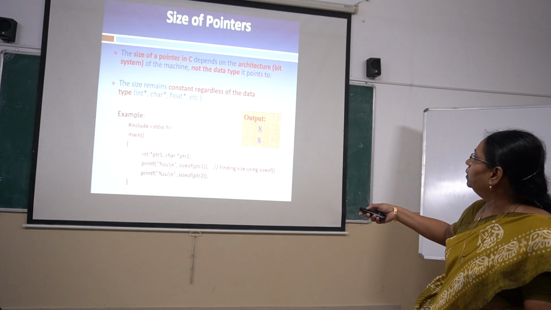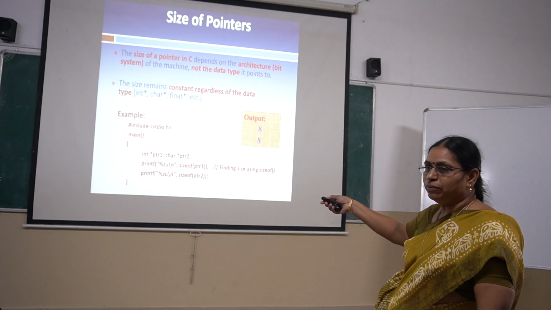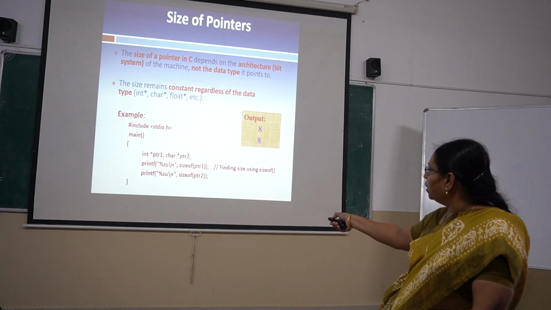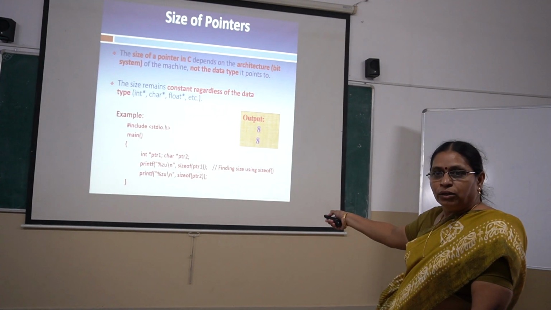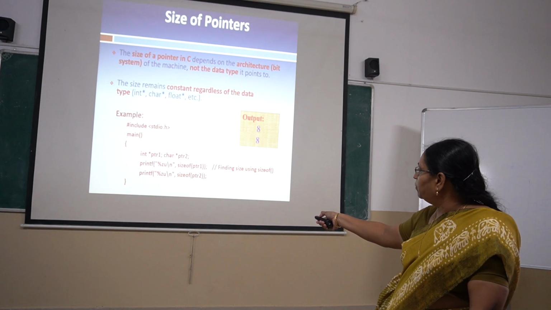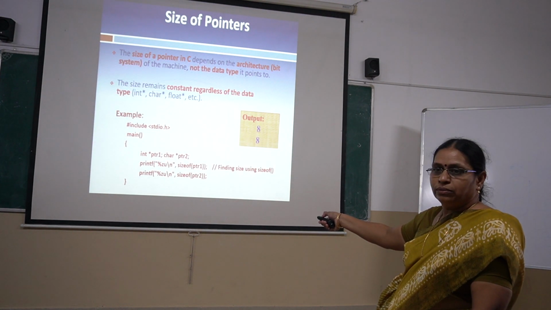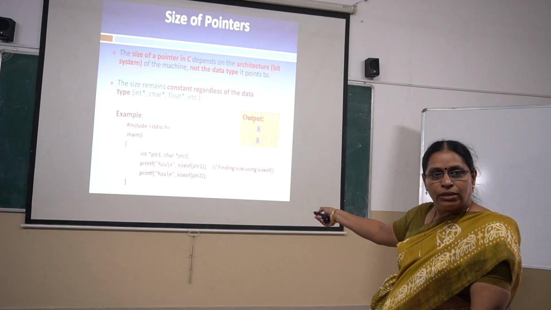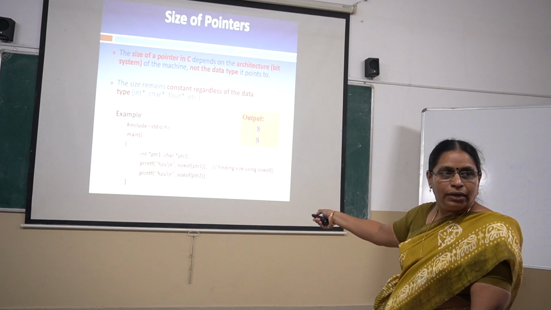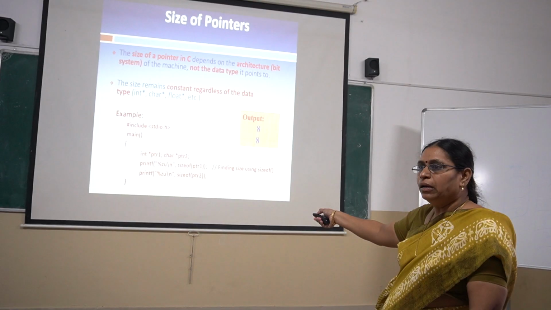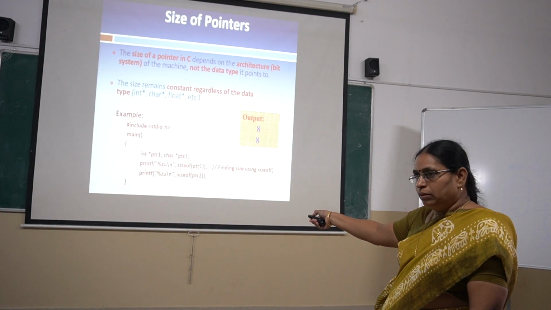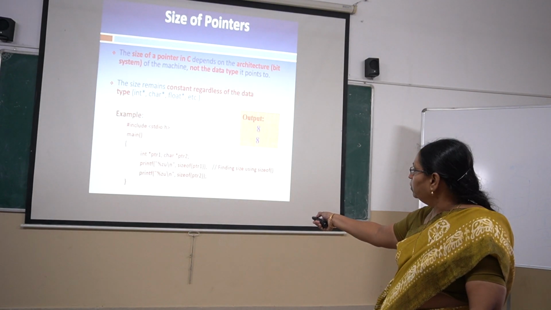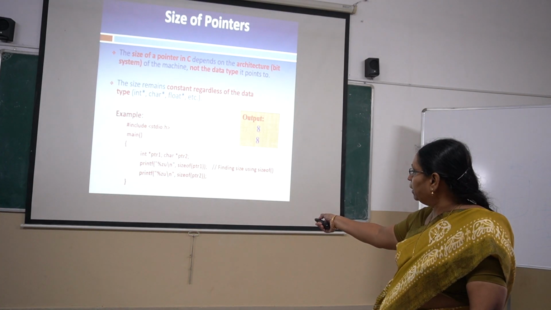The next topic is how to find the size of a pointer variable. In C we use the sizeof operator to find the size of the pointer variable. For integers we use %d, to fetch the address we use %u, and to find the size we use %zu. Here sizeof is a keyword, and we specify the variable.